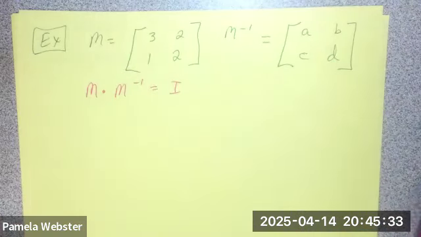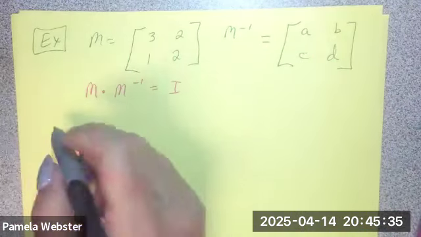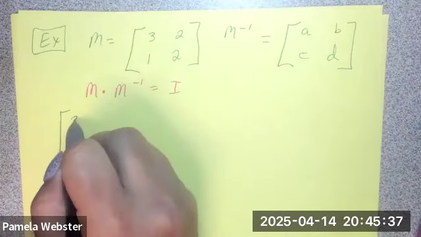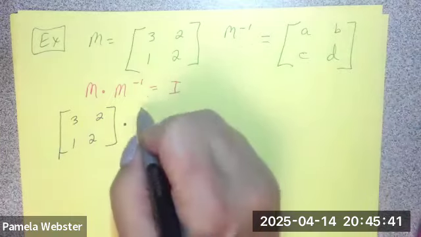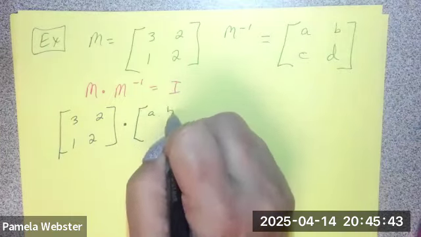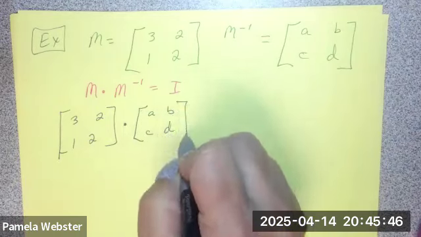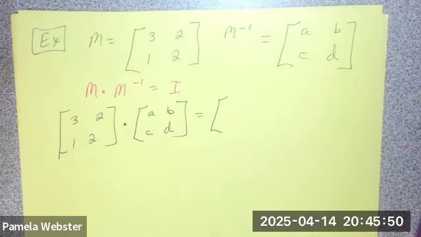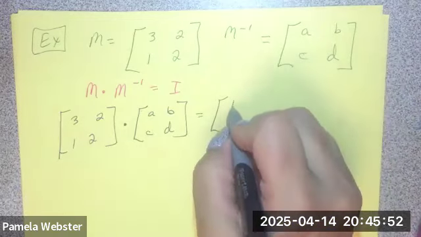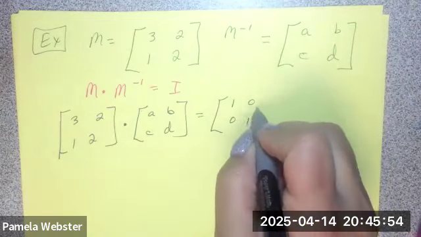So here we go. The M guy, 3, 2, 1, 2, times the M inverse guy, A, B, C, D, is equal to the identity. In this case, it's a 2 by 2 matrix, so that's 1, 0, 0, 1.